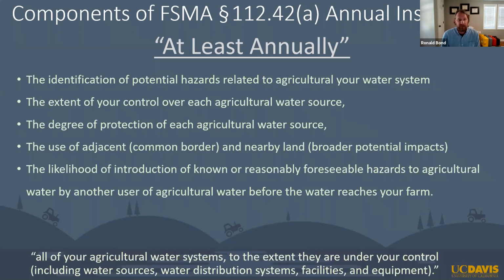And some of those things are identifying potential hazards, and by hazards we mean microbial hazards related to your agricultural water system. That system from where you take the water to where it's applied to covered produce. And it also is to the extent under your control of your agricultural water source.